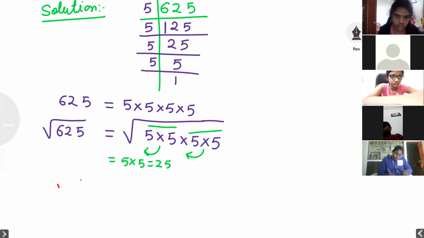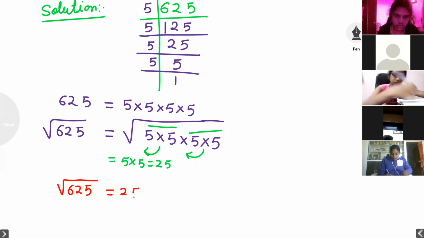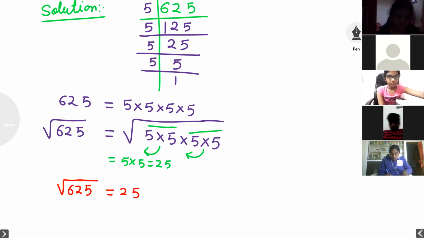Square root of 625 is equal to 25. We want to check your answer. You can check your answer. 25 into 25 will multiply. Same answer will become.